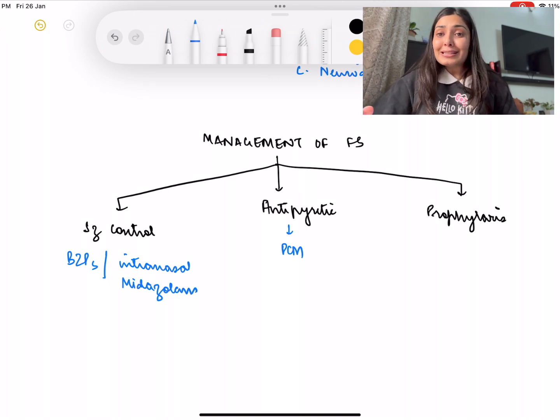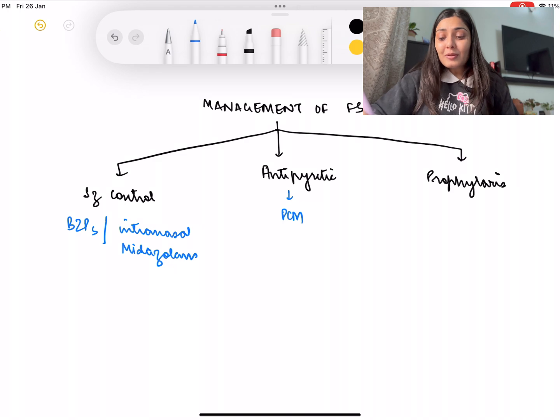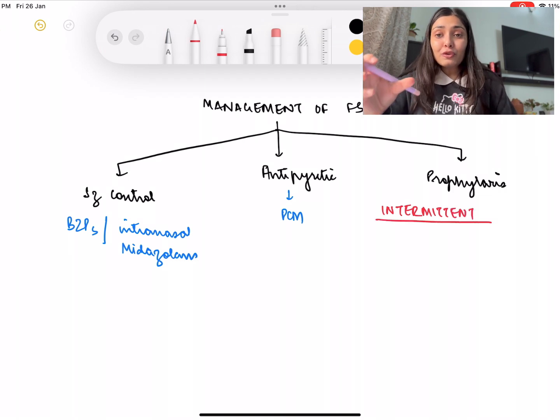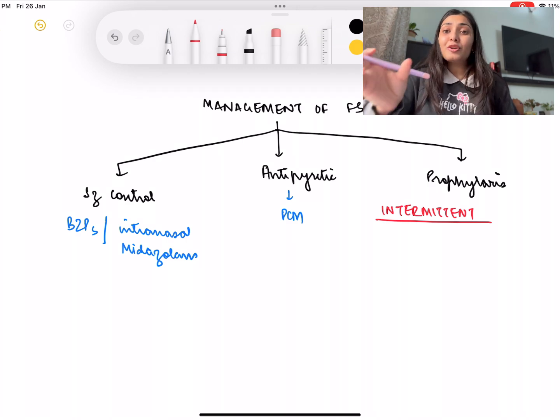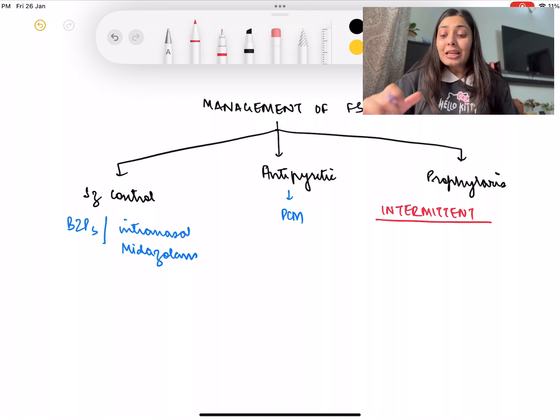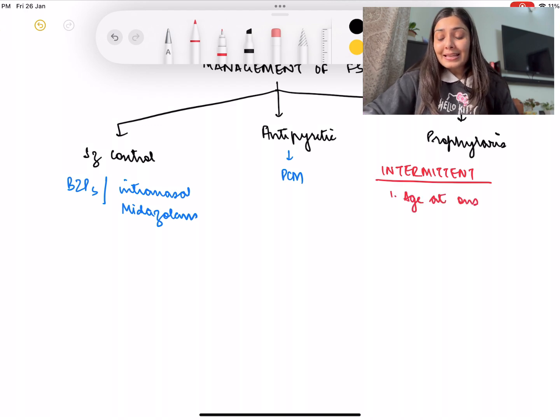Prophylaxis could be intermittent prophylaxis or it could be continuous prophylaxis. Intermittent prophylaxis, the name itself says intermittent. That means we give antiepileptic for a small duration of time and then stop it. Again, we give it for a small duration of time, then stop it. This therapy is intermittent. This intermittent prophylaxis is given in children where the age at onset of febrile seizure is less than 18 months.